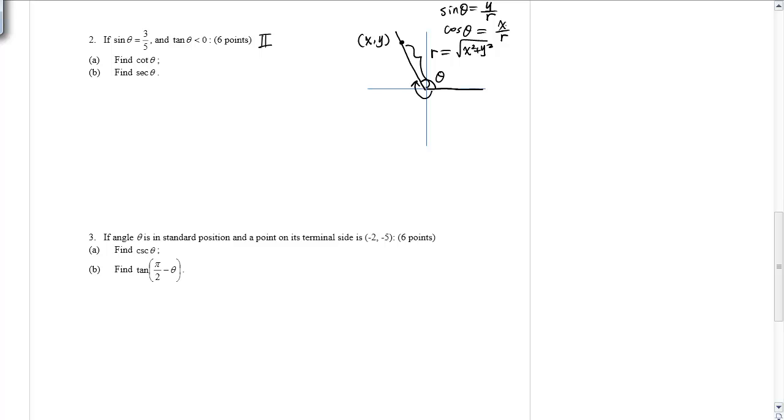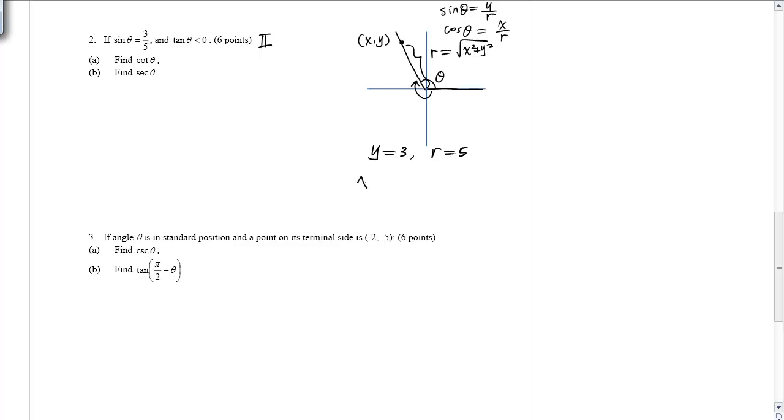So in this case, because we know sine theta is 3/5, we simply set y equals 3 and r equals 5. This way, sine theta is indeed y over r, which is 3/5.